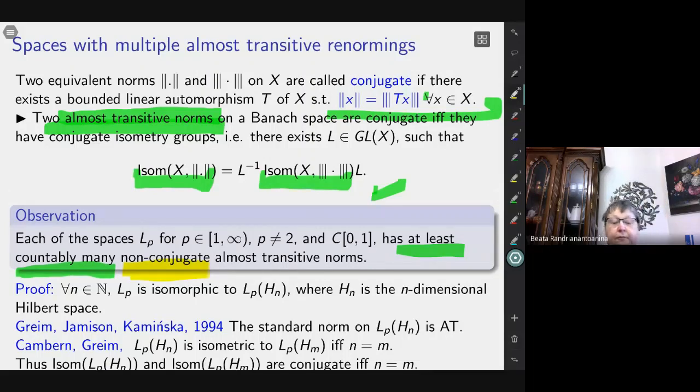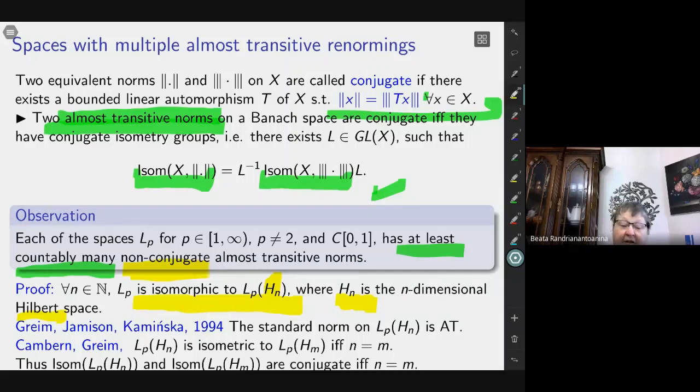I don't believe anybody said it. We mentioned it with Cabello-Sanchez and Ferenczi in our most recent survey, but it really is something that comes straight from the literature. So it is well known that if we use Hn, which are n-dimensional Hilbert spaces, then LP of Hn is isomorphic to LP.